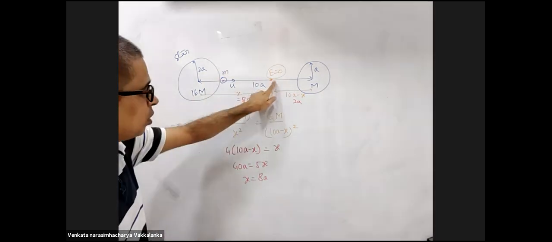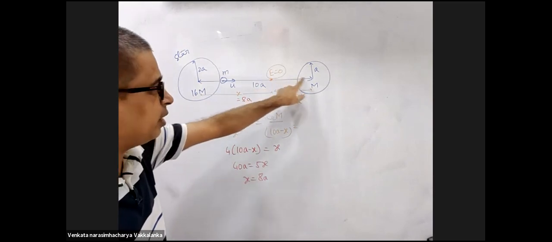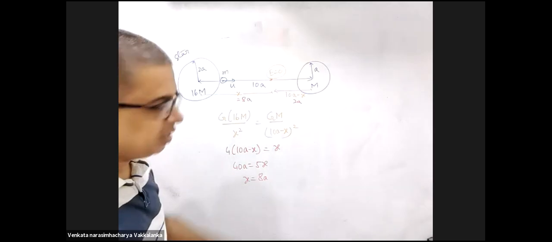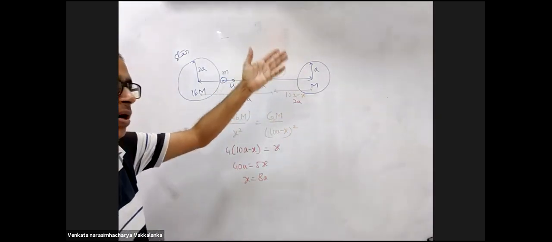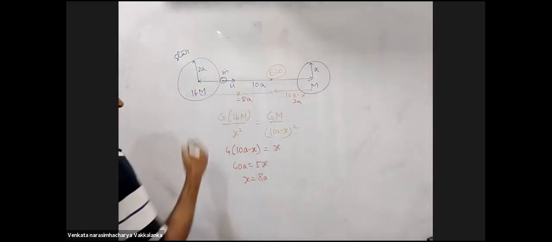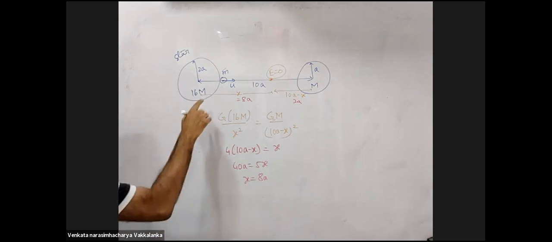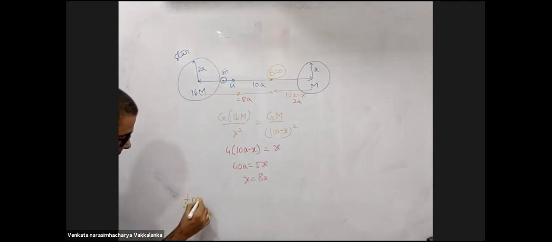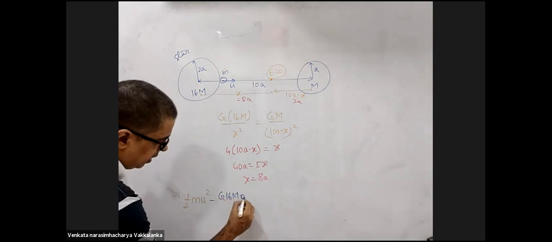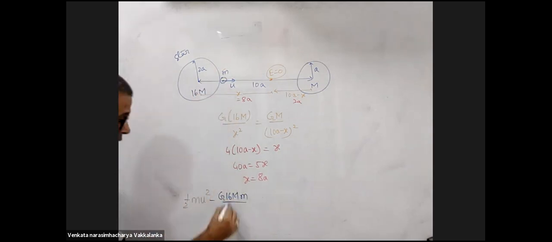If small m crosses this point, what is the net field here towards the right? What is the net field here towards the left? If small m crosses this point, it will by default be pulled into that particular star. Now, total mechanical energy here: half mu square minus G times 16 capital M small m by 2a.